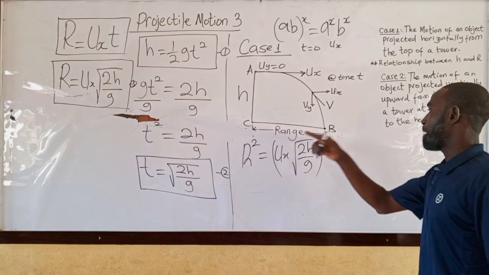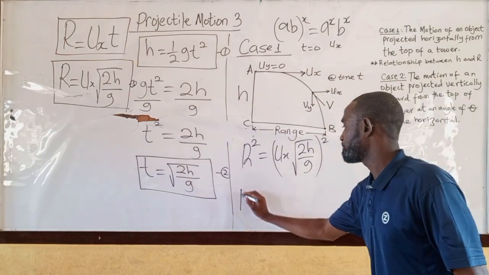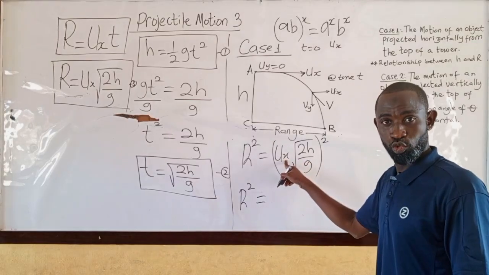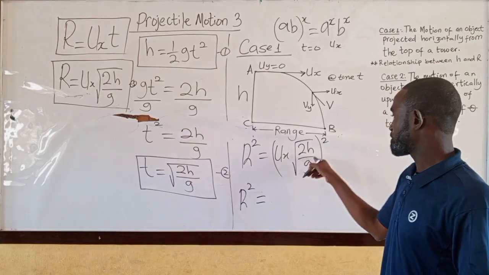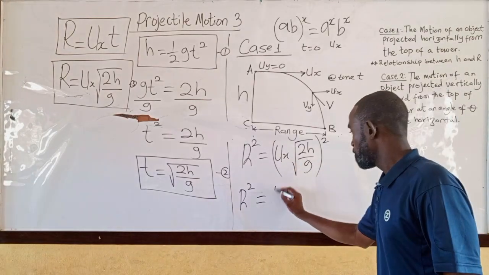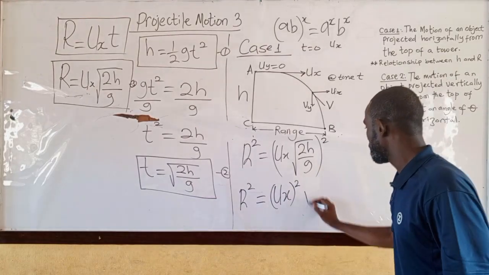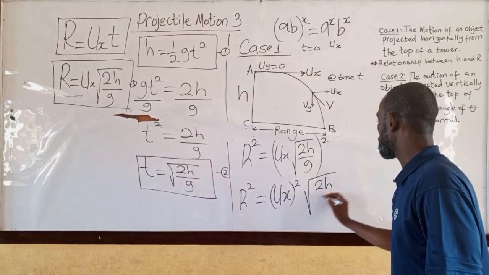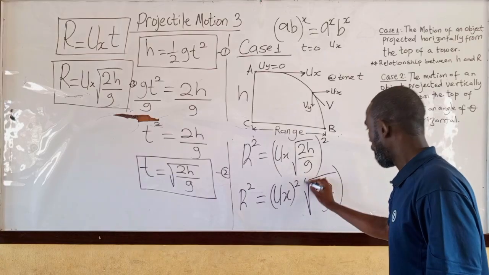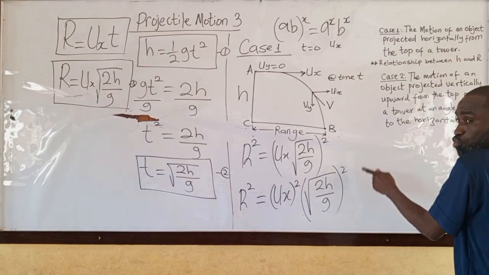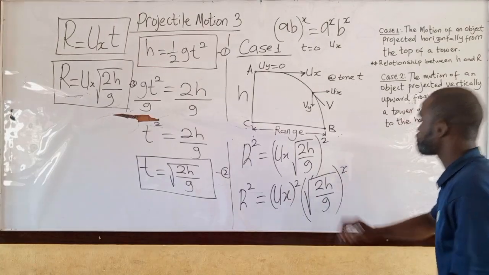The same thing applies here. Our R squared will be equal to (u_x) all squared, because this is a product, then the root of 2h all over g all squared. Root, you cancel square. This and this will cancel.